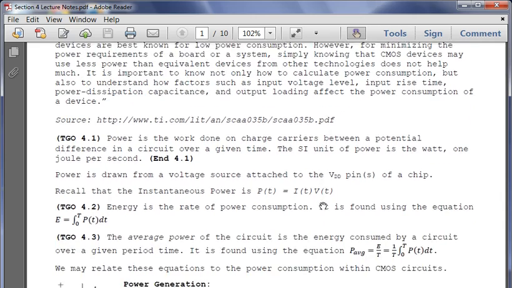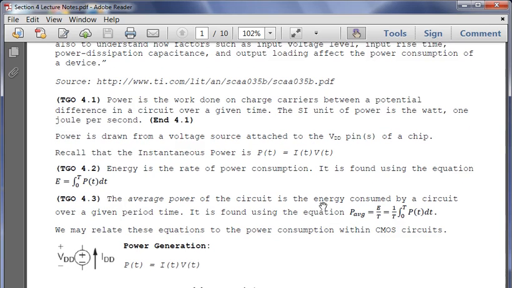If you recall from previous courses, instantaneous power is power equals current times voltage. We can use this to determine the energy, which is found using the equation E equals the integral from 0 to t of the power function P(t) dt. Average power is a very useful metric to know.